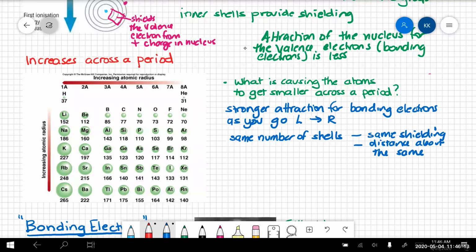The atom actually gets a little bit smaller, and we'll talk about that in just a sec.